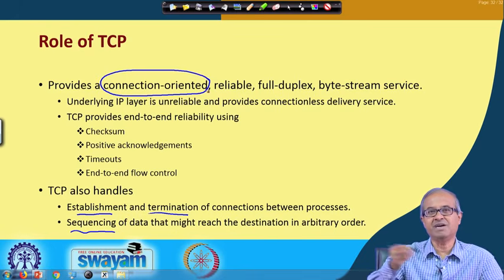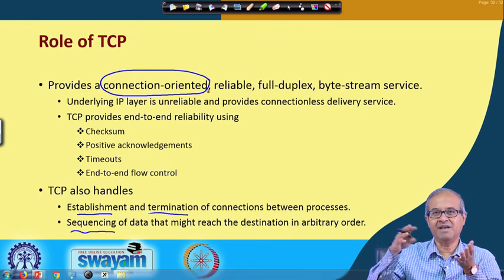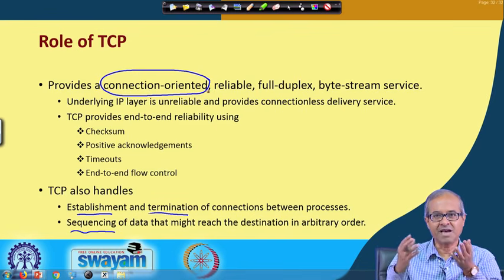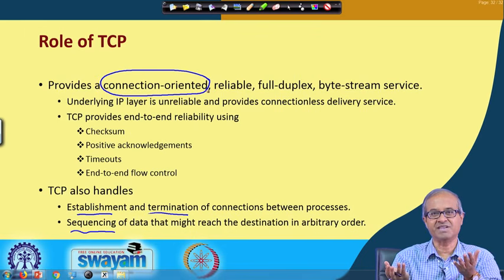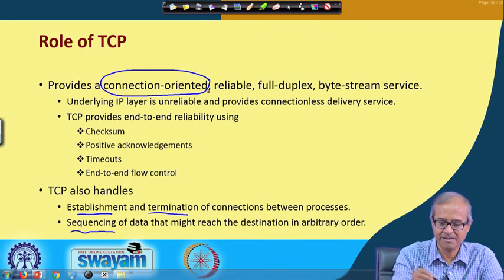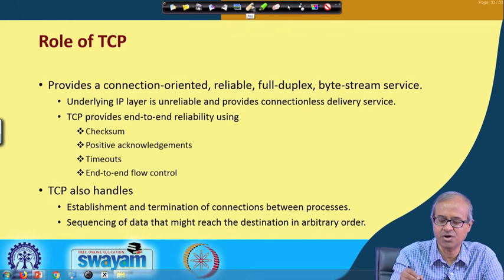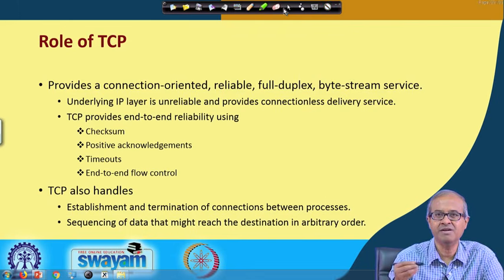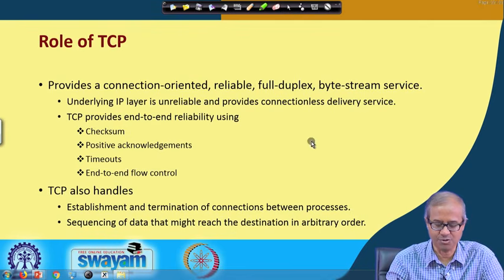There is a virtual connection which is maintained and the user process gets a feeling that there is a connection and all data are coming through that connection in the same order.